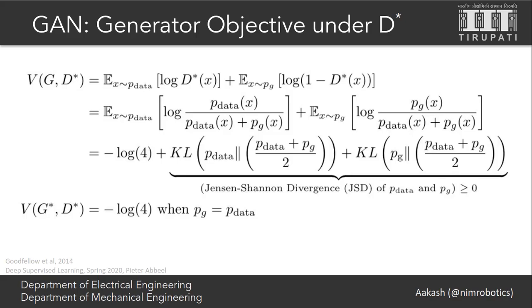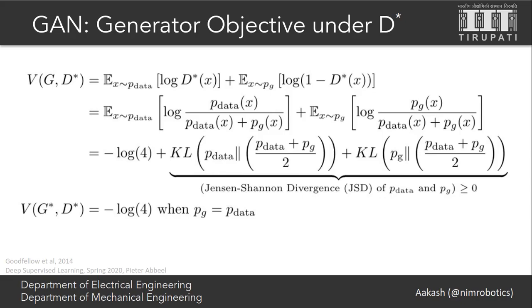KL divergence is used to compare two density distributions and how close they are. We also have one more divergence, the Jensen-Shannon divergence, and using that, the terms can be combined into a JSD. Finally, at optimality, we have p g equal to p data, and at that point this term goes to 0.